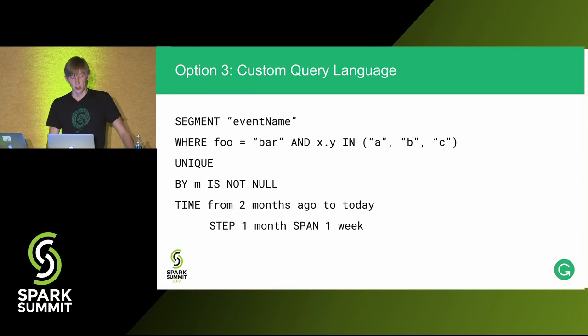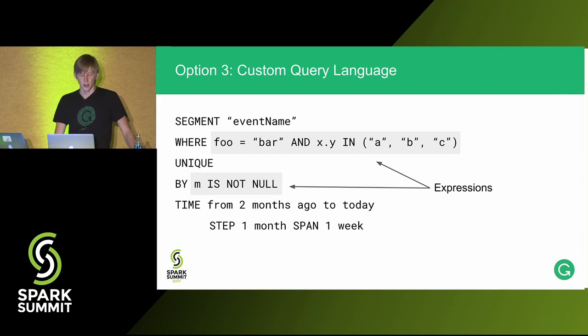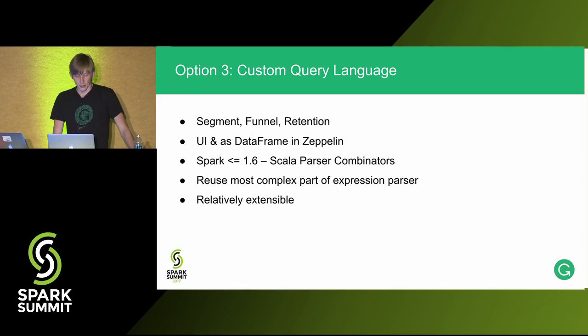So that's how our segment query would typically look. And we do it by, in a lot of ways, reusing what Spark already has for its Spark SQL functionality. So we basically take the existing Spark parser to parse the most complex piece, which is expressions, which are mostly the ones that will be customized by the end user.